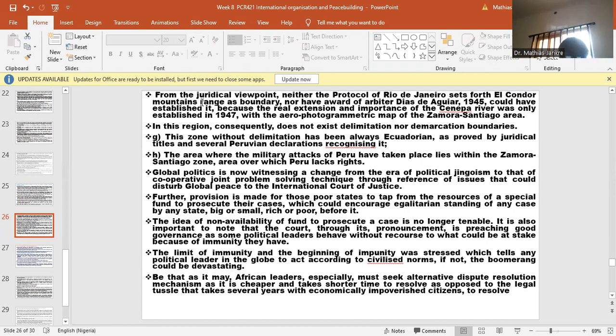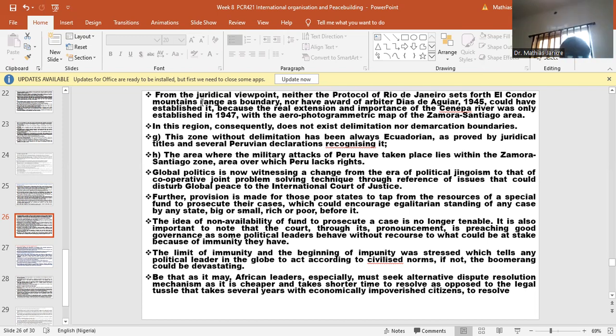It is also important to note that the court, through its pronouncement, is preaching good governance, as some political leaders behave without recourse to what could be at stake because of the immunity they have. The limit of immunity and the beginning of impunity was stressed, which tells any political leader in the globe to act according to civilized norms.